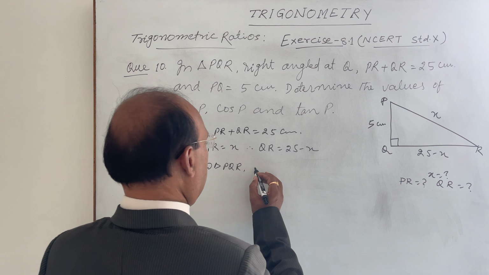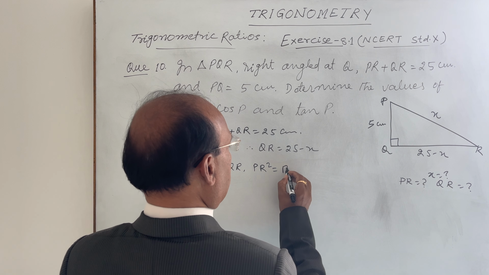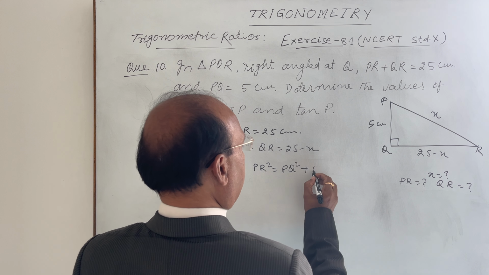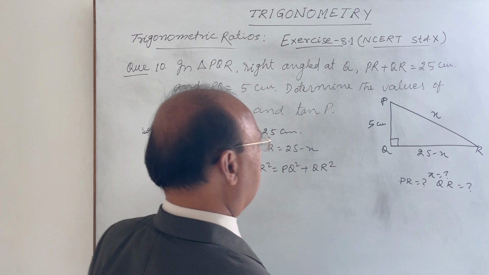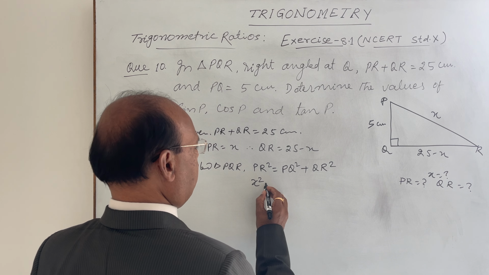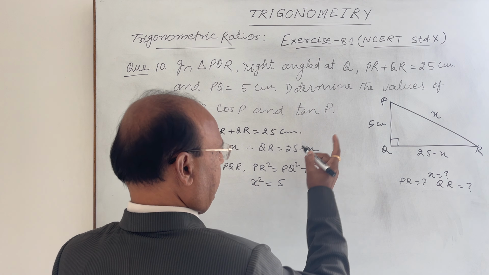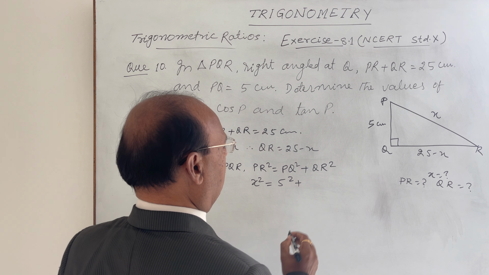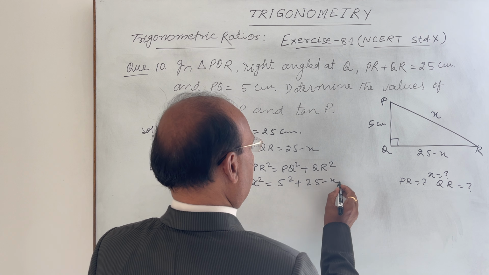Or we can write PR square is equal to PQ square plus QR square. Here we have taken PR as X, so this is X square. PQ is 5, already given, so 5 square, and QR is 25 minus X whole square.